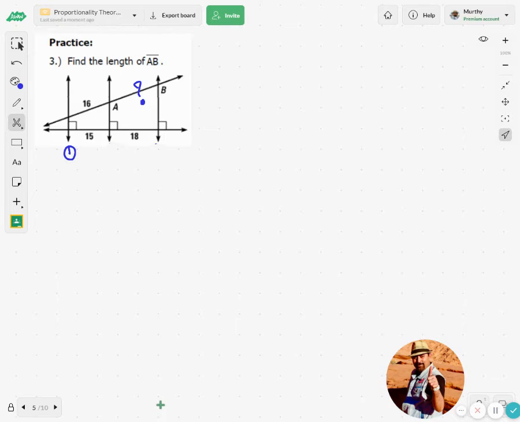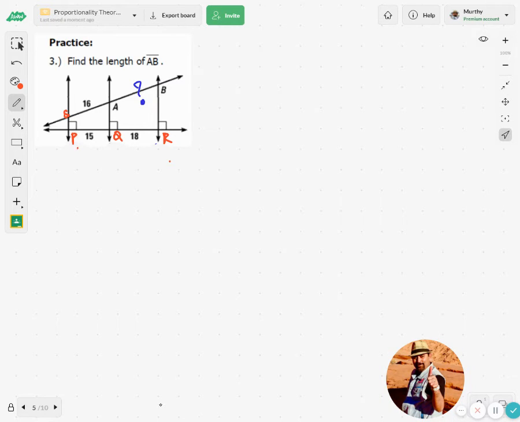So let me clear off these numbers and take some letters. This is A, this is B. Oh, already A and B are marked. So let me take maybe some P, Q, R, S.